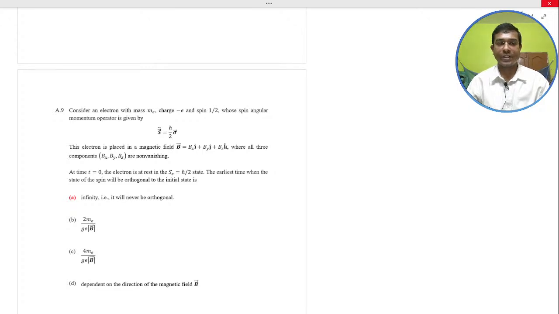The electron is placed in a magnetic field. At time t equal to 0, the electron is at rest in the S z equal to h cross by 2 state. The earliest time when the state of the spin will be orthogonal to the initial state. Okay, try yourself.